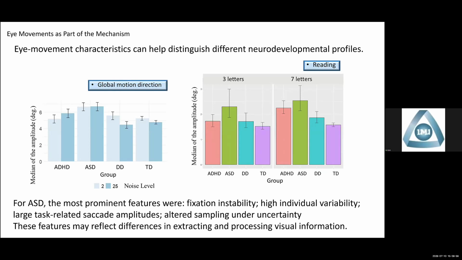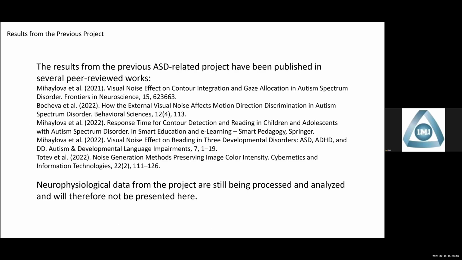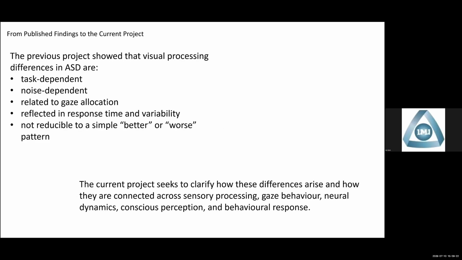In the contour integration task, we cannot measure saccade duration or amplitude because the stimulus was very short, 200 milliseconds, and no time for saccades. Results were published, but many questions were not answered. And we need a new project.